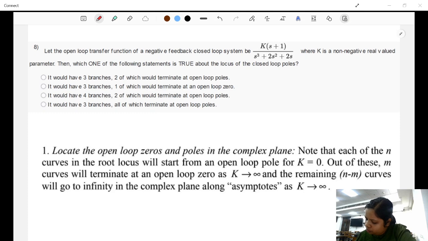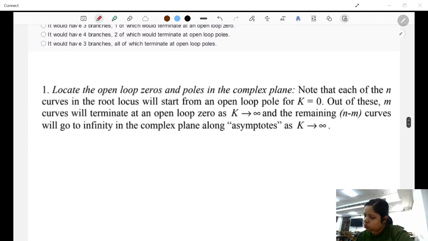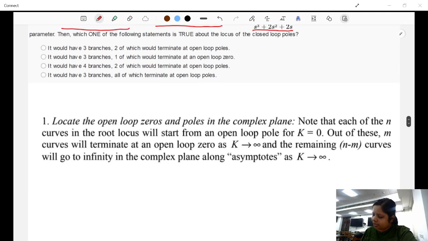So what is written here? It's the open loop transfer function of a negative feedback control system, closed loop system is given by this, where k is some non-integer real valued parameter. Which of the following is true? So how many branches should it have? What was taught in root locus? We need to locate where the open loop zeros and poles are in the complex plane.